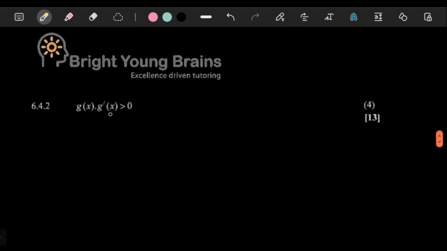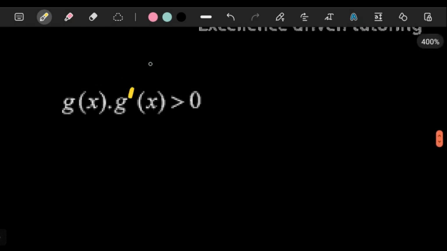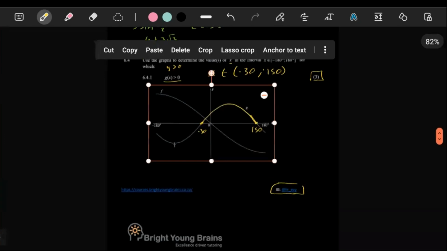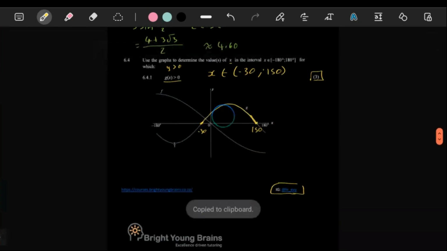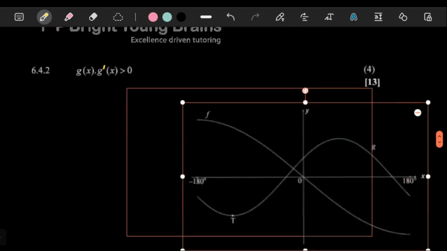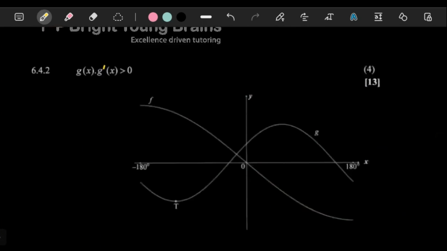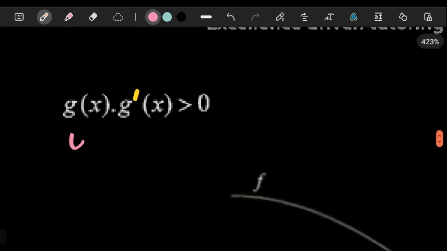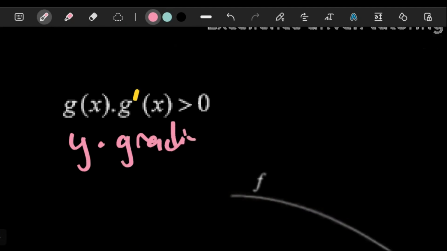So it says here, where is g of x multiplied by the first derivative bigger than 0? With questions like these, it's all about understanding what your image looks like and what these symbols mean. Remember, this here means y values. This here means gradient. So they're asking this expression, where will it be bigger than 0?